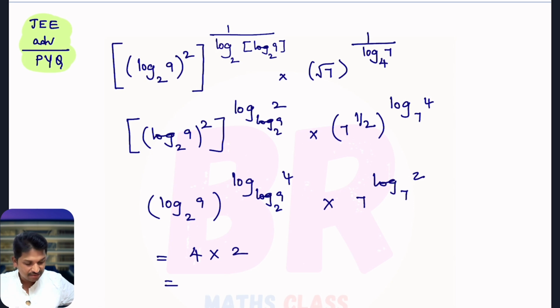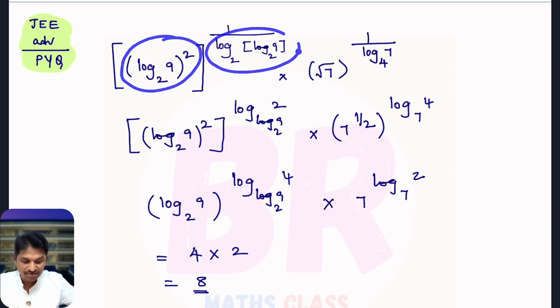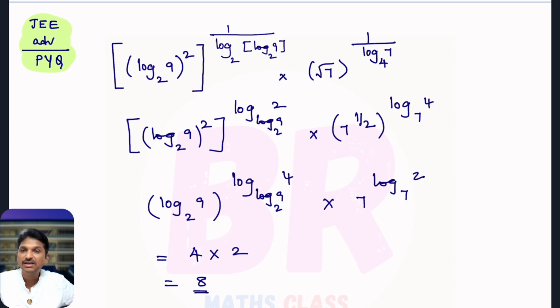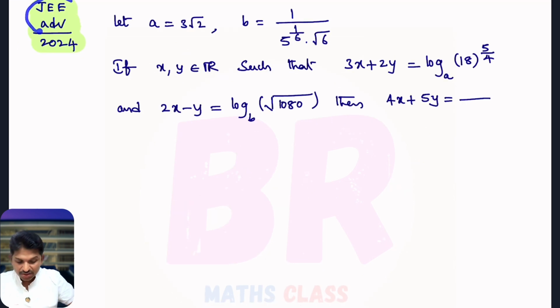So final answer is 8. It is easy only, but by seeing this type of expressions, you may feel that this problem is difficult, but actually it is easy. This question was recently given in the JEE Advanced examination. Seems to be complicated, but actually you can do it, right?